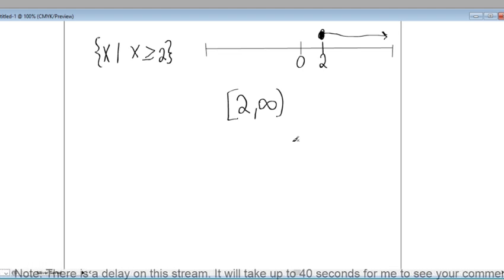The reason I want to show it to you, though, is because it gives us opportunities to do more with our sets.